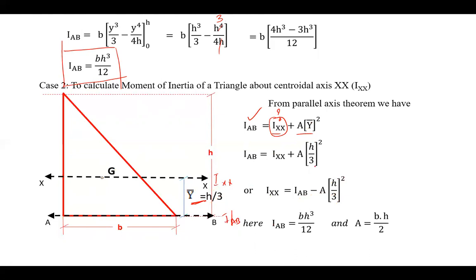Which is equal to bh cube by 12, and area is the area of the triangle, half into base into height, which is bh by 2. Substitute those values and simplify them. So bh cube by 12 here, and bh by 2 area, and h square by 3 will become h square by 9.